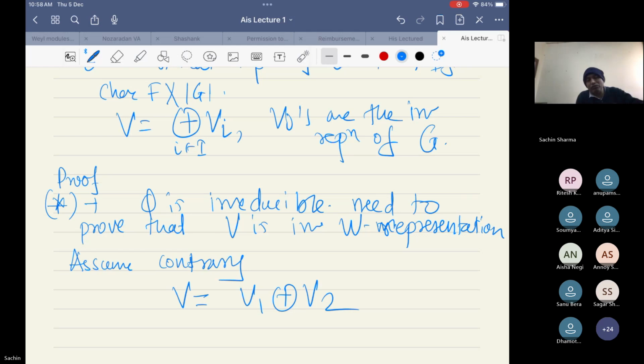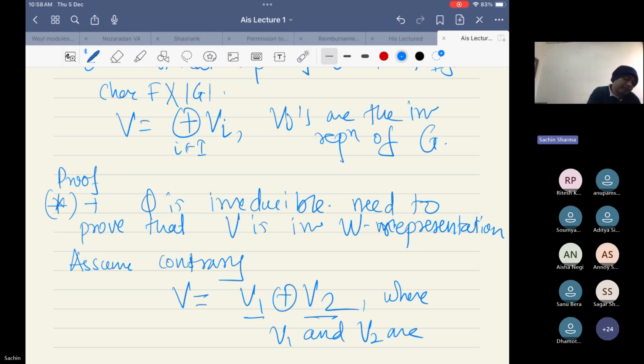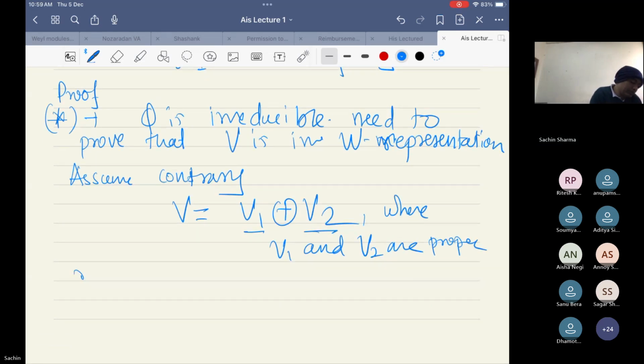Of course, with the restriction on the dimension of V, you will always go down and reach irreducible representations. But these are proper representations of V, where V1 and V2 are representations.